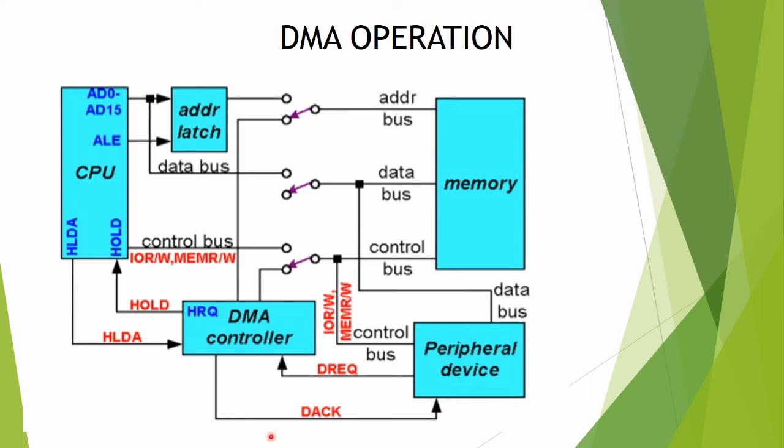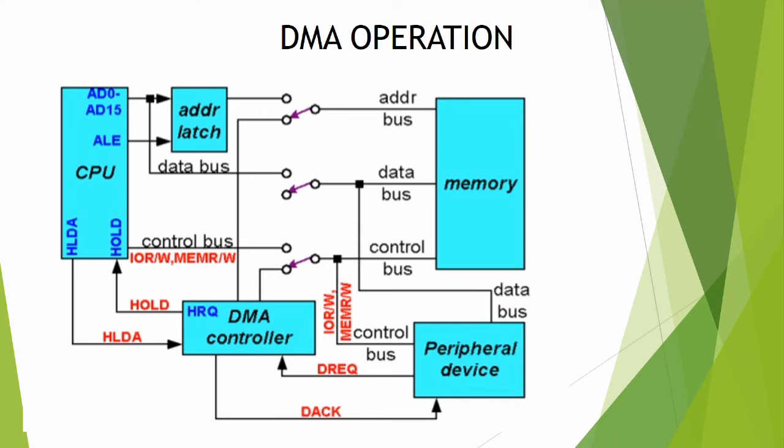So the sequence is DMA request, hold, hold acknowledge and DMA acknowledge. After this, the address bus and data bus, which were previously connected from memory to the CPU, are now connected through the DMA controller to the data bus and control bus of the peripheral device.